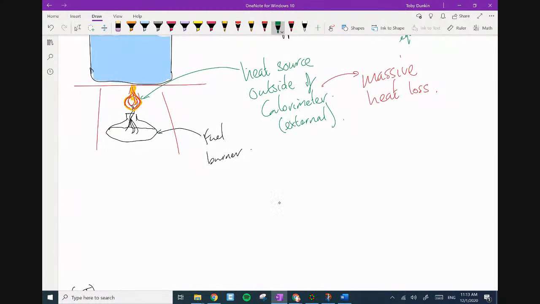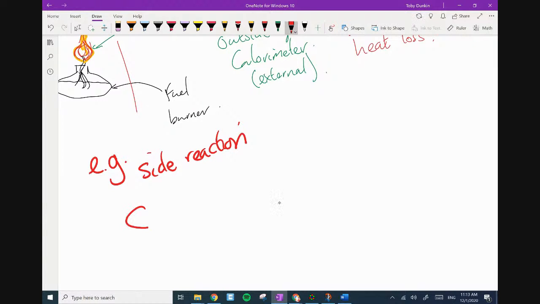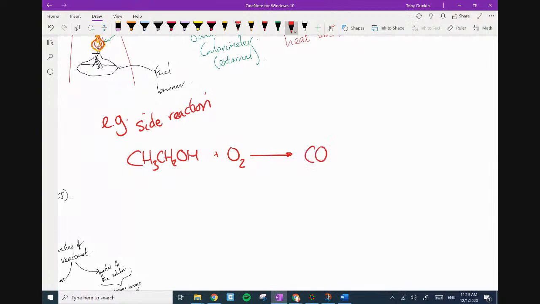Take ethanol, for example, as an example of side reactions. If I take ethanol, CH3CH2OH, and I burn it in oxygen, I have to assume for calorimetry that I'm forming CO2 and water, but that might not actually be the case.